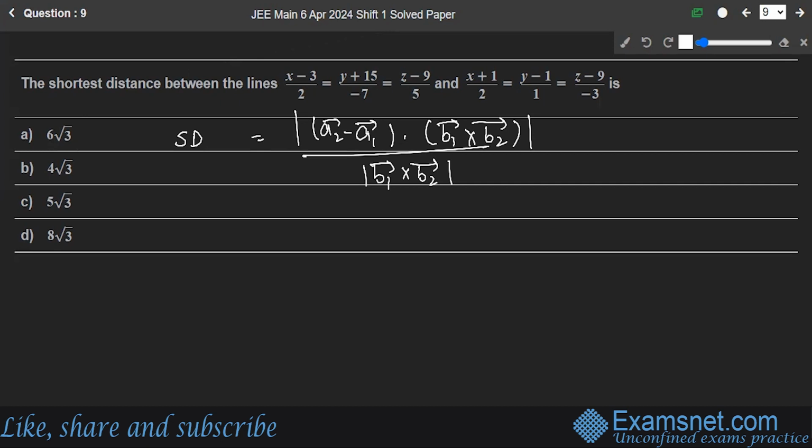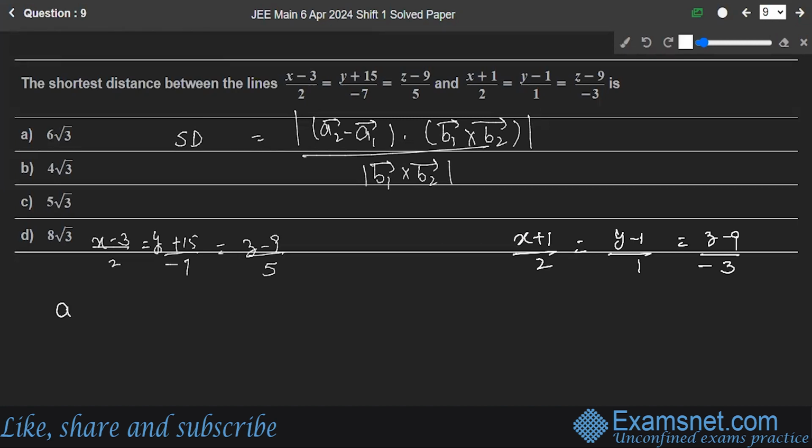First of all, let's find out A1 and A2. These are the two lines. X minus 3 upon 2 is equal to Y plus 15 upon minus 7 is equal to Z minus 9 upon 5. And here you have X plus 1 upon 2, Y minus 1 upon 1, Z minus 9 upon minus 3.